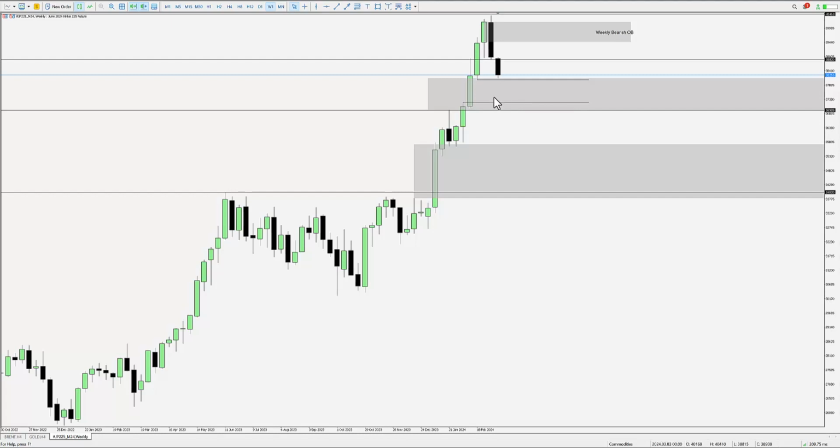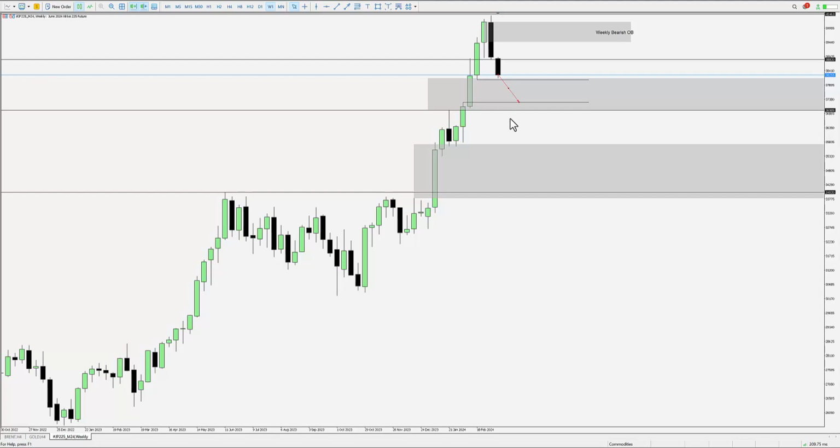So that's the imbalance on the weekly chart, and it's inside the imbalance on the monthly chart. So the chances are very high price is gonna fill up this imbalance, maybe this week or sometime next week.